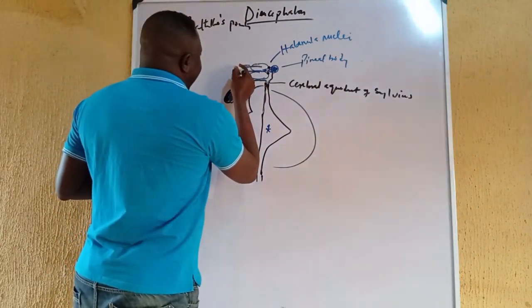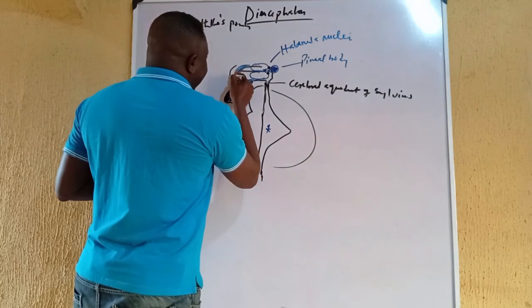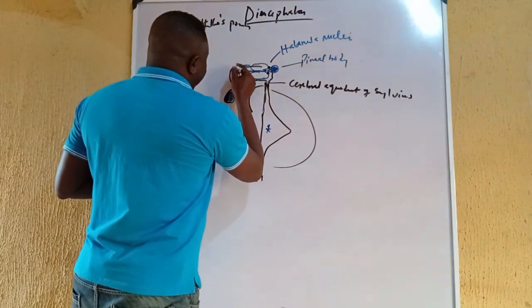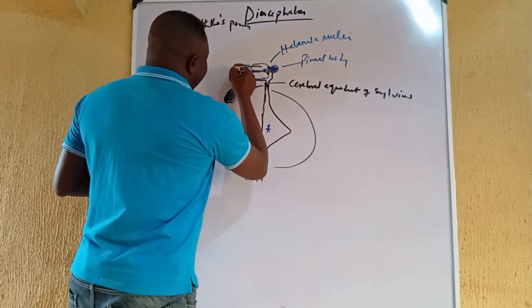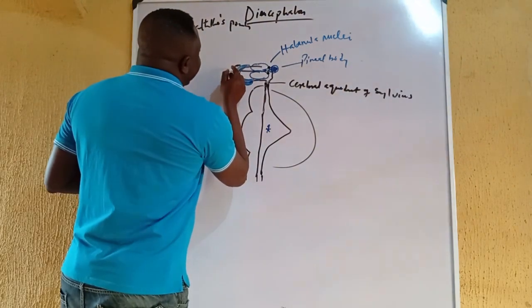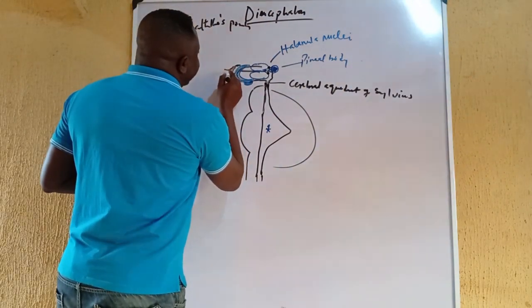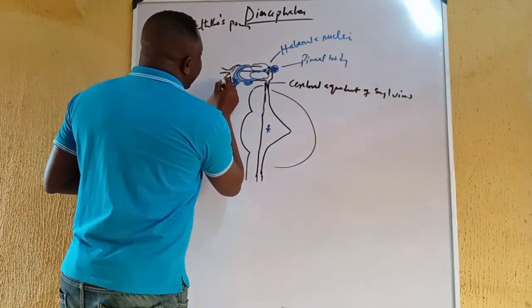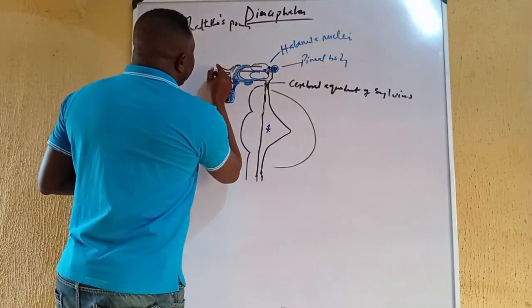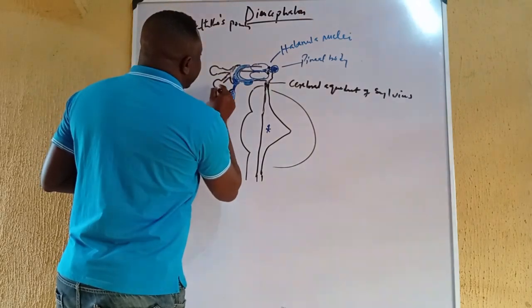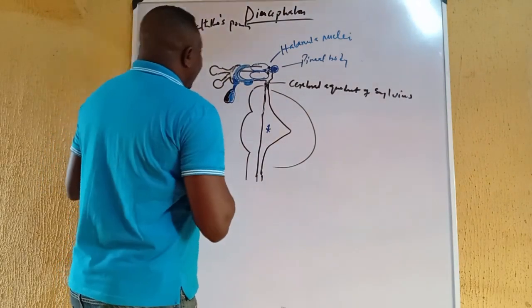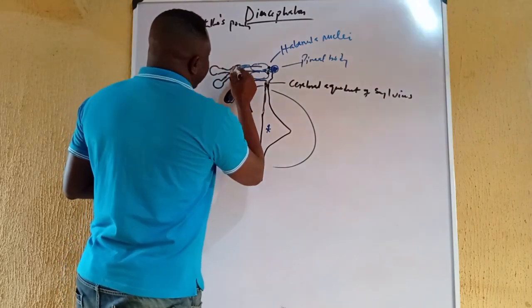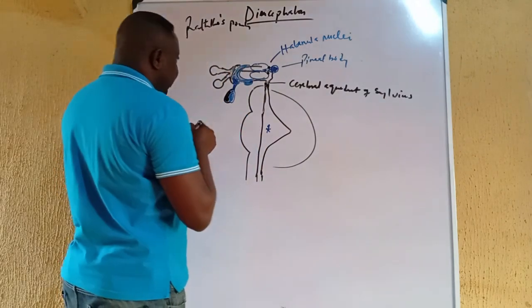Then we also have the optic chiasma as part of the hypothalamus, and the optic nerve.